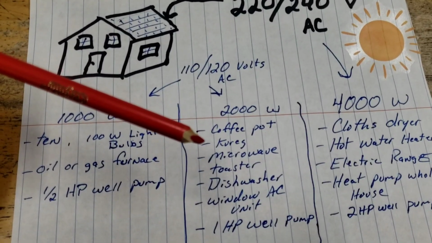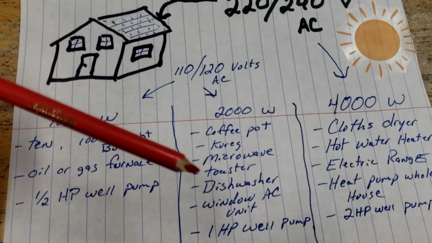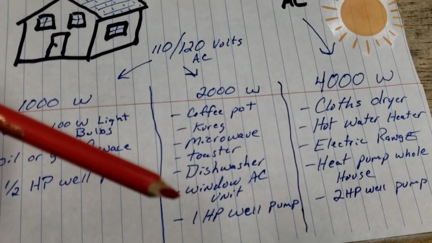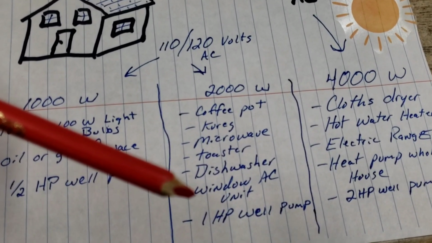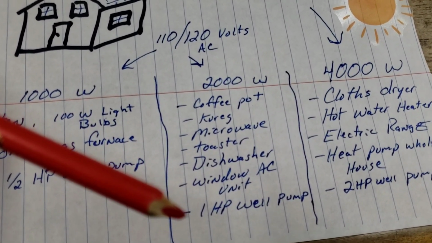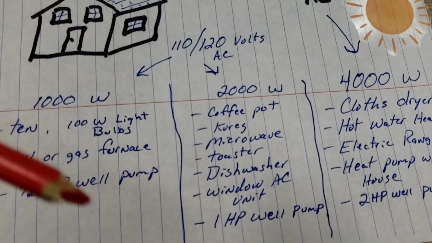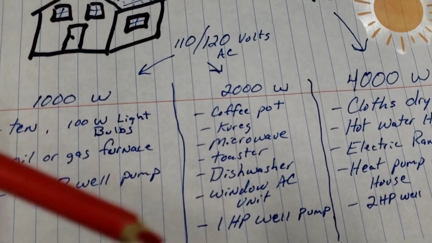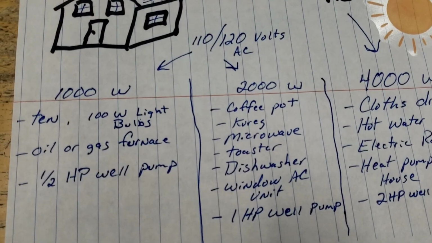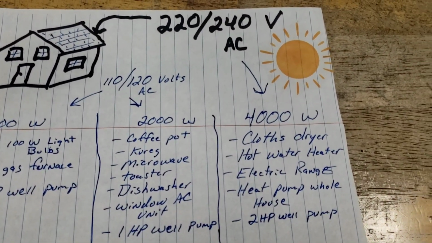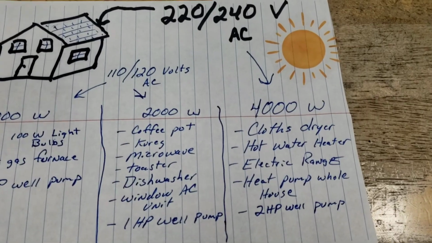Your coffee pot, Keurig, microwave, toaster, dishwasher is probably 2,000, 2,500. Window AC, 2,000, 2,500, could be much lower if you have a high efficiency unit. And then a 1 horsepower well pump. Now these devices are usually all 120 in your house. But now we're going to do some real learning on the hogs in your house.